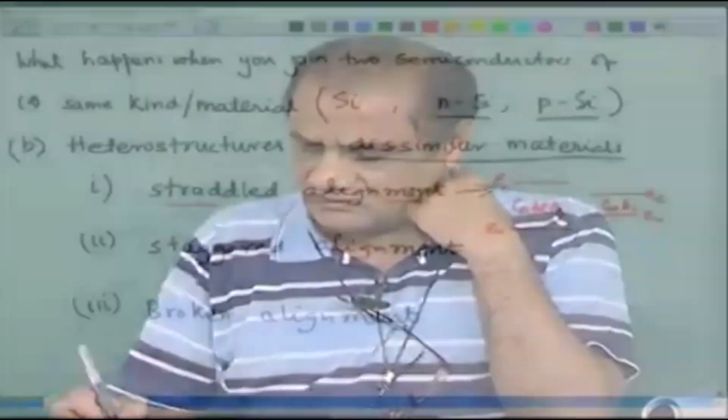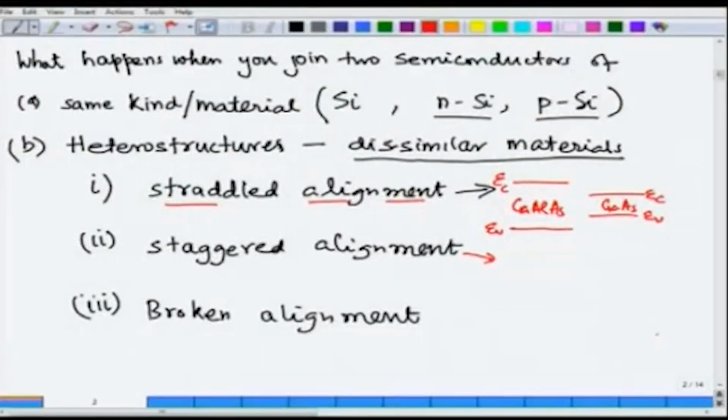In contrast, you could have this staggered alignment, in which case if one material's band gap is like this, EC, EV, then the other one has an EC and EV which looks like this. Notice this is EC and this is EV.